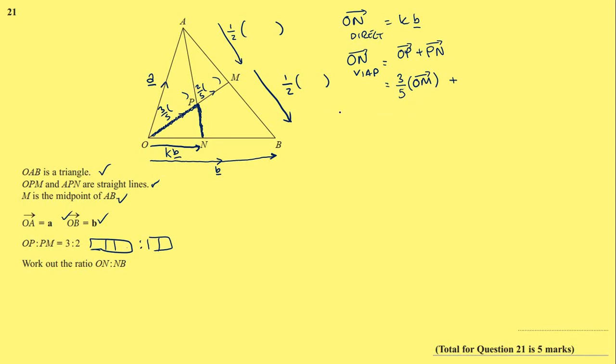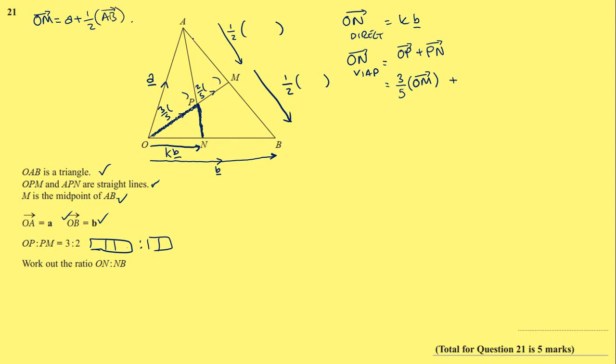So what's O to M? Well, O to M is A plus 1/2 of the vector from A to B, isn't it?